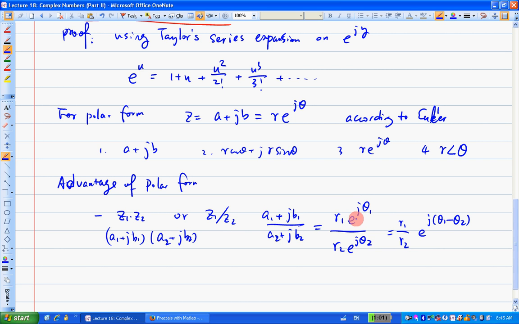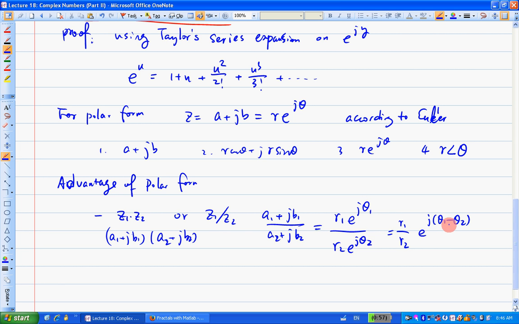So now you see, after I converted this into polar format using Euler's formula, instead of doing the regular multiplications and divisions, which need lots of calculation, what I did here is subtraction. You turn those divisions and multiplications into subtractions. That's an advantage.